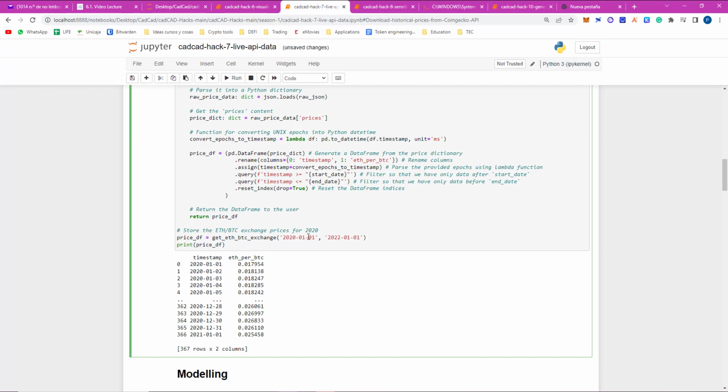We can try at least, and check if it's updated. We can put today's date here, or maybe use indexing, like the -1 thing. One sec. I don't know which one is the month and which one is the day, because I know that the Americans put the month first. Put 2022 instead of 2020.